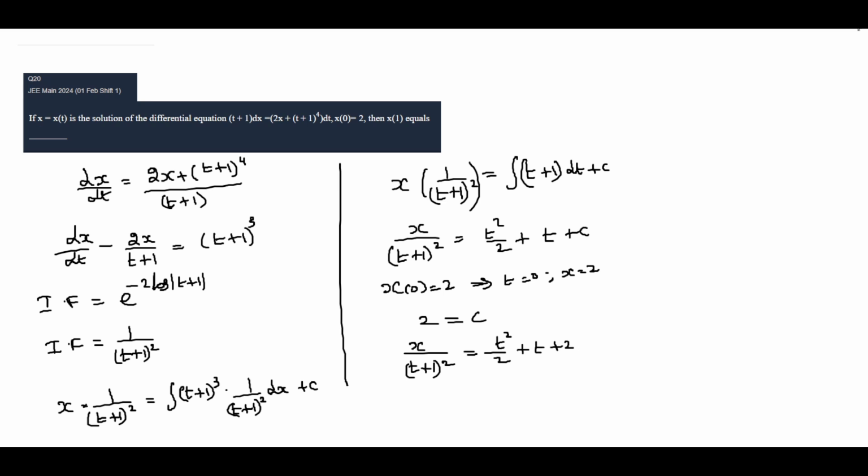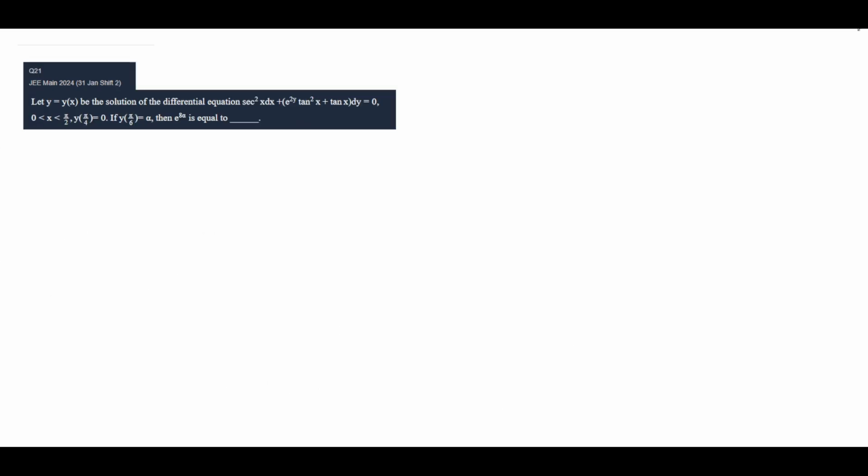Now x of 1: x of 1 by (1 plus 1) whole square, that is 4, is equal to 1 by 2 plus 1 plus 2, which is 7 by 2. So x of 1 equal to 14. So the answer is 14.